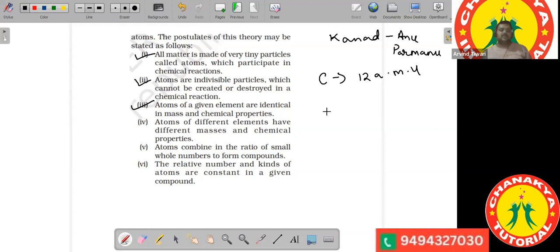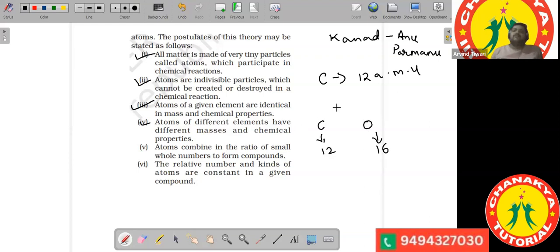Then, if you take the atoms of different elements, atoms of different elements have different masses and chemical properties. If you take an atom of carbon and an atom of oxygen, they will have different chemical properties and different atomic masses. Carbon will have an atomic mass of 12, whereas oxygen will have an atomic mass of 16.